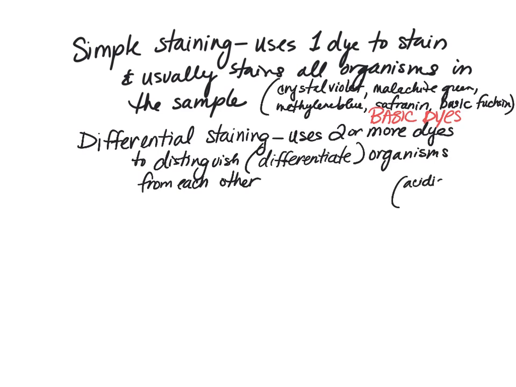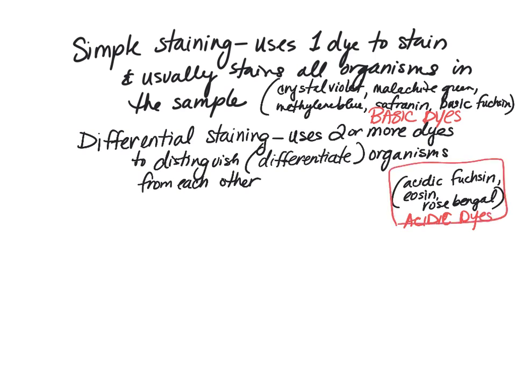We have acid fuchsin, eosin, and rose Bengal. Sorry, my notes are kind of all over the place. So these are examples of acidic dyes, and those are examples of basic dyes. Again, this is in the table in your text, so you should be familiar with it.